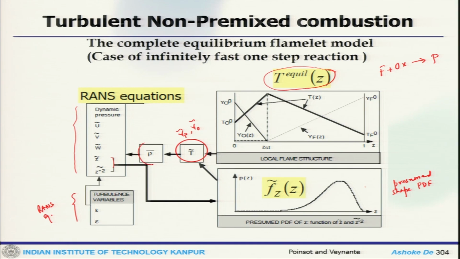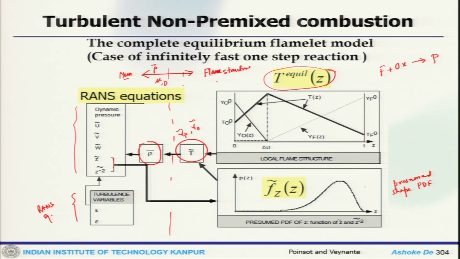This is an important term because, if you look at it, the density is the term which actually, and also if you have a temperature dependent viscosity and diffusivity, they make the handshaking between this mean field equation and the local flame structure.